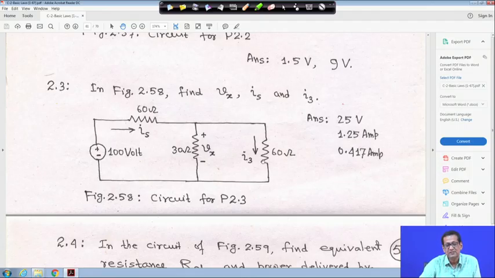So, I3 is flowing through the 60 ohm resistance, answer is given: 25 volt, 1.25 ampere and 0.417 ampere. So, answers are given, but if you find any error during solving, you just let me know, then I can rectify myself. I hope all these things are correct, but still.